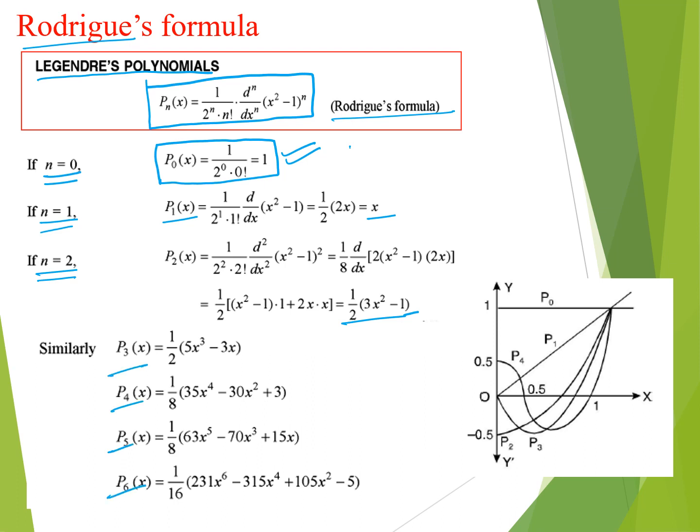When we graphically draw these, P0 is constant at 1, P1 goes from 0 to 1, P2 goes from -1/2 to 1, and P3 is this graph. This is the graphical representation of P1, P2, P3, P4 and so on.